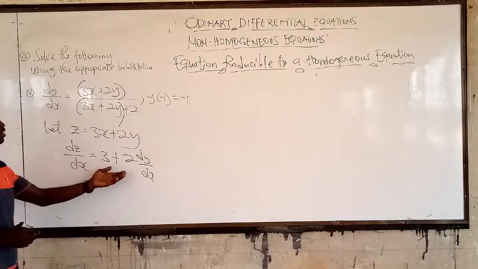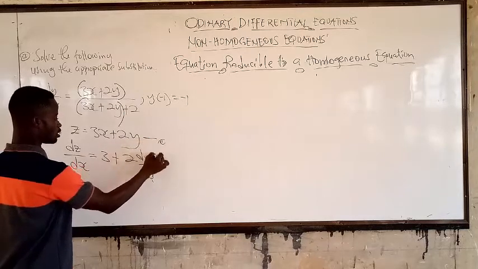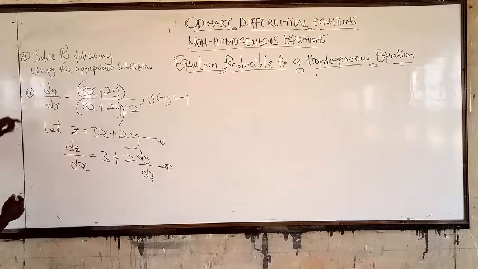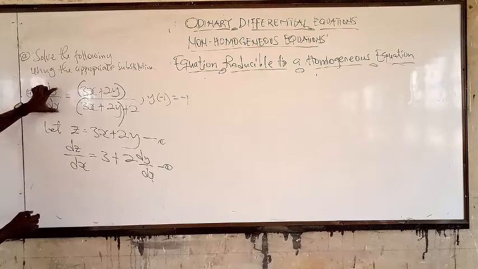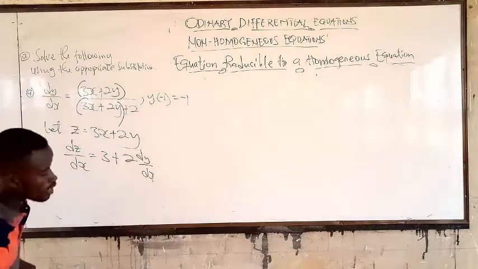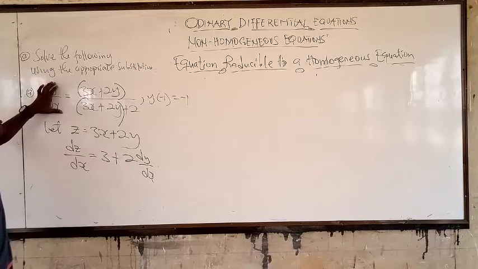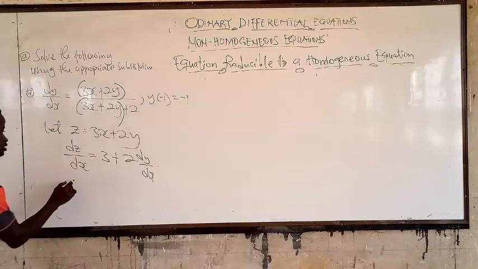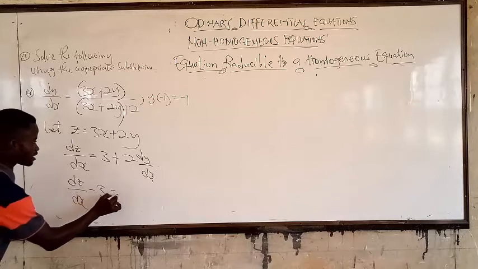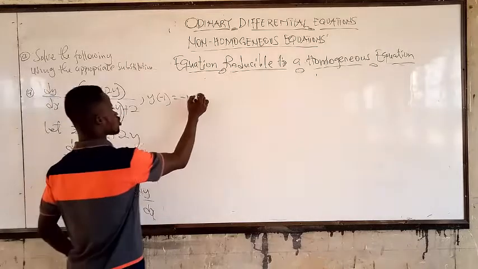So now that we have this, we do the substitution of equation 1 and equation 2 back into this. Before that, we have to make dy/dx the subject so that we can do the substitution. So here we get dz/dx minus 3 is equal to 2 dy/dx.